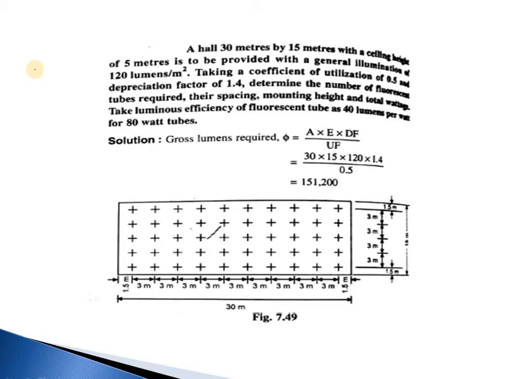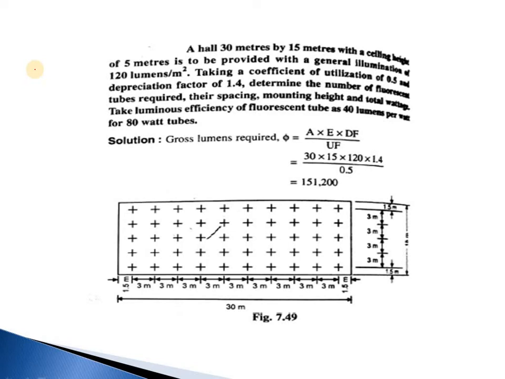Taking a coefficient of utilization of 0.5 and depreciation factor 1.4, determine the number of fluorescent tubes required, their spacing, mounting height and total wattage. The luminous efficiency of the fluorescent tube is 40 lumens per watt, for 80 watt tubes.